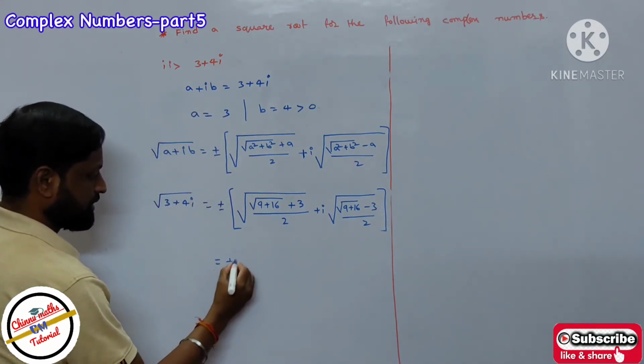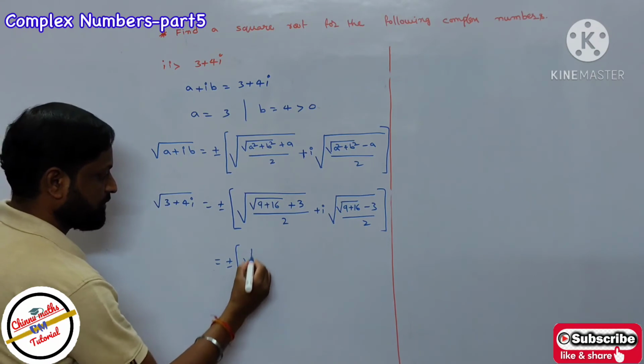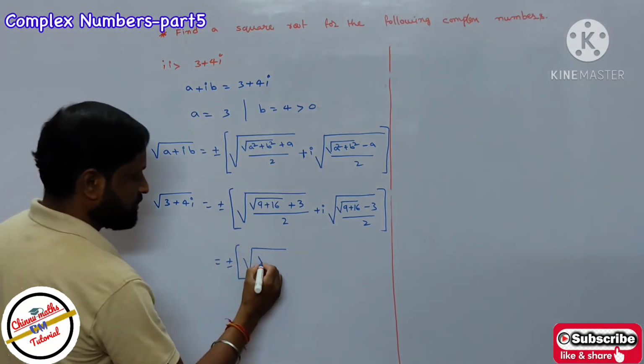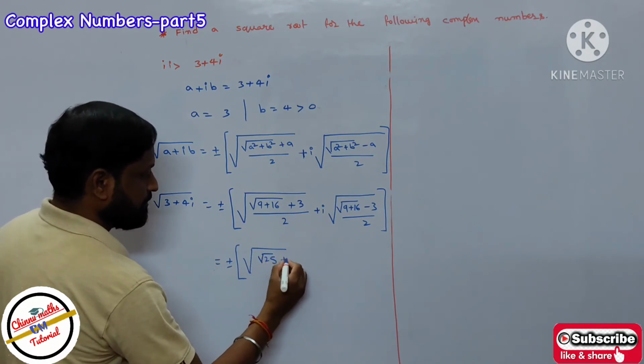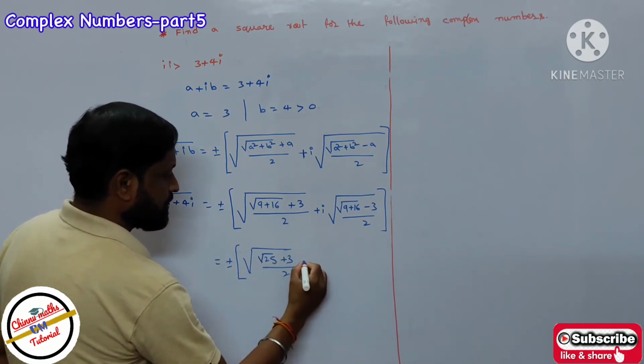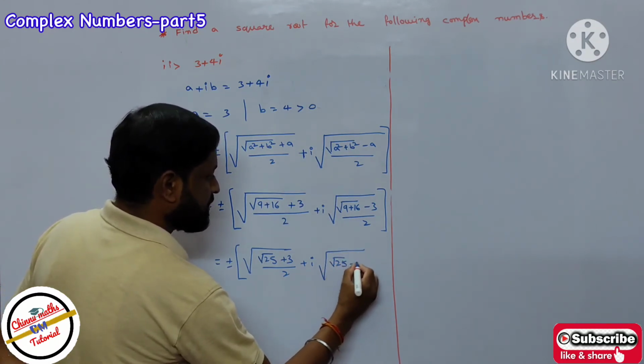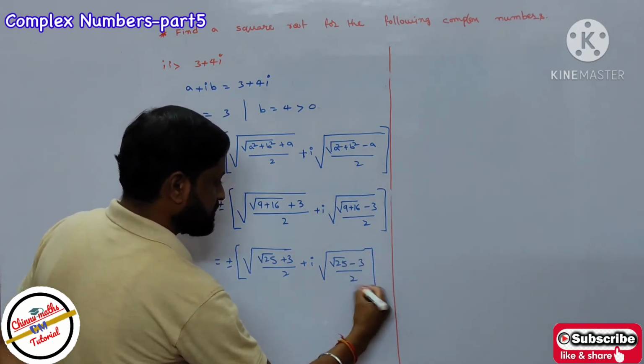So plus or minus the square root of 9 plus 16 equals 25. Root 25 value equals root 25. So write down plus the square root of 25 plus 3 by 2, plus i into the square root of root 25 minus 3 by 2.